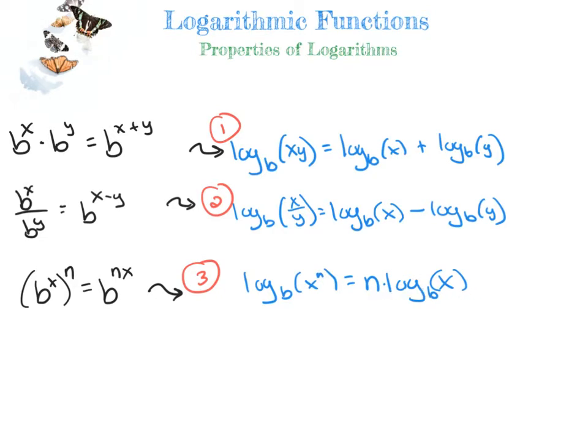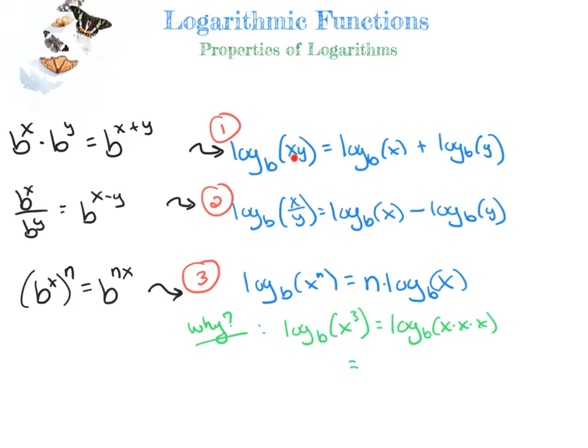Okay, so this one is actually the easiest one for me to show you another justification. Watch this. Say we had log base b of x cubed. We could rewrite that as log base b of x times x times x. And according to our first rule, if you have the log of a product, you can break that apart into the sum of each logarithm.